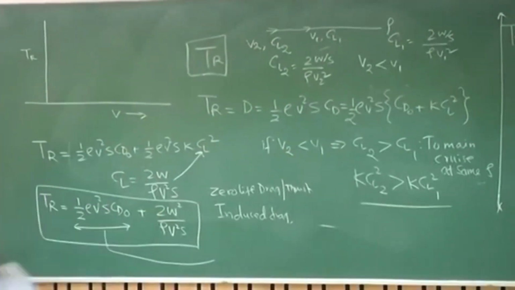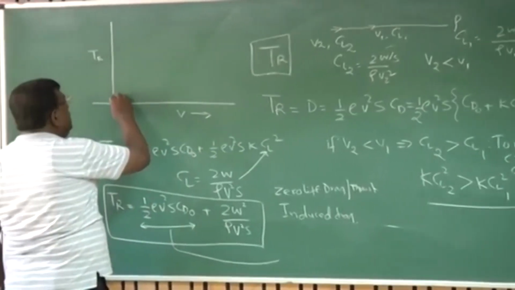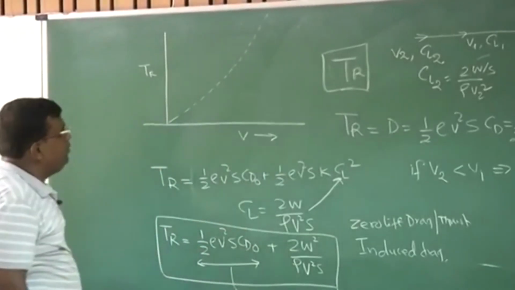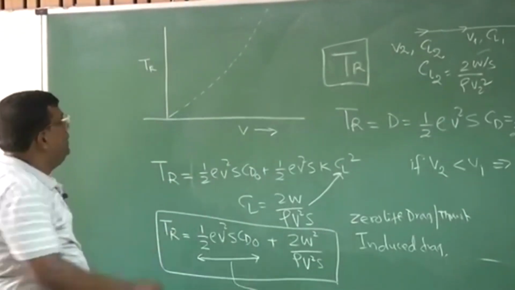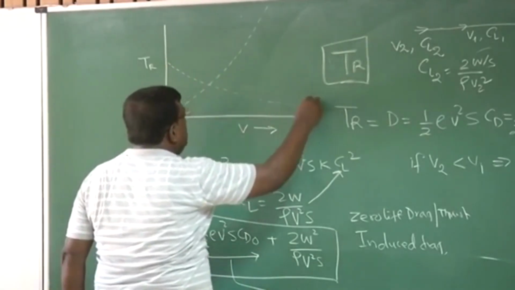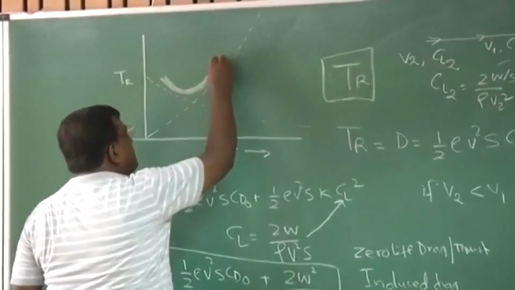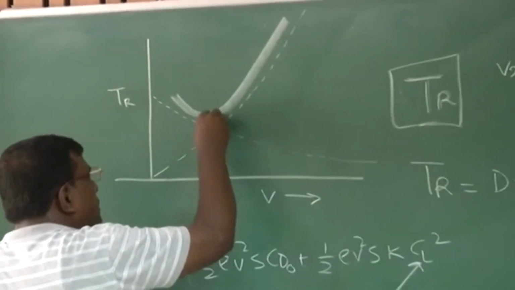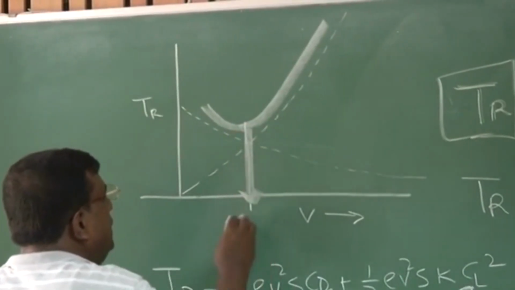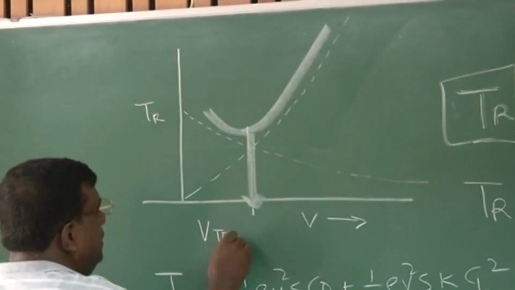So now if I see this, the zero lift drag, if I want to plot, it will be going like this. It will go on increasing with V. However, the second term will go on reducing as V increases, and the net will be something like this, and this is the portion which will be given the name V for thrust required minimum.